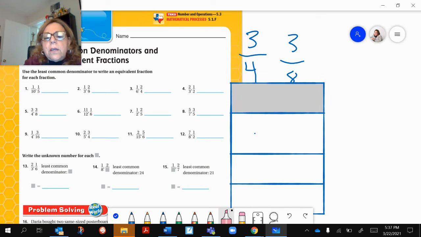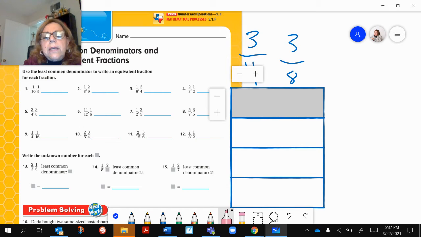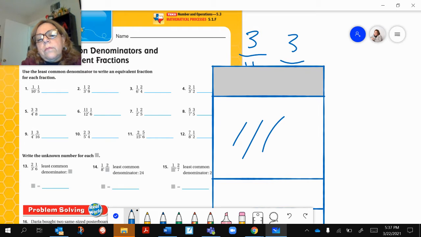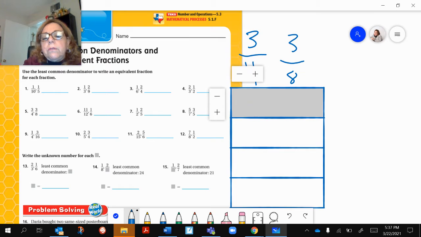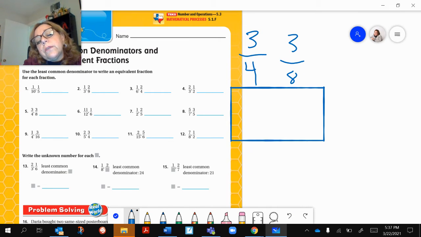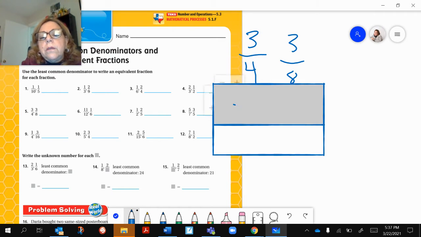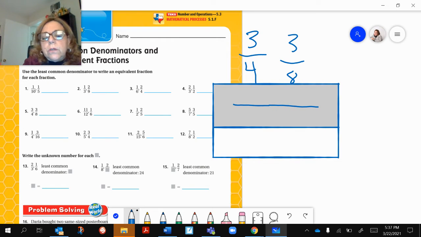Well, that's so odd. Why is it doing that? I needed to shade this in, so I'll just draw lines. But I can't do that because that's really messing that part up too. It was nice what the machine thought I was going to be doing. 1, 2.